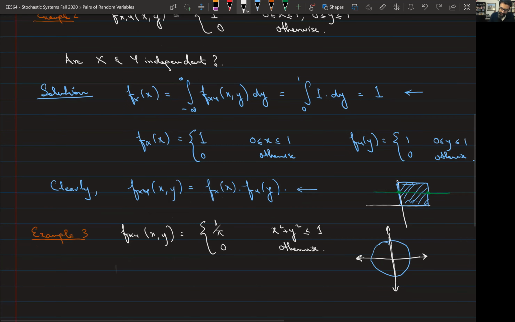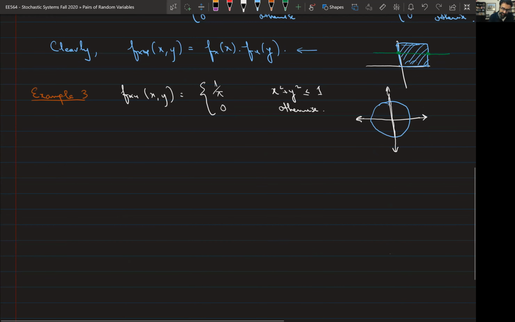Now, I just want to give out a theorem here, which I'm not going to prove, but which is quite intuitive.